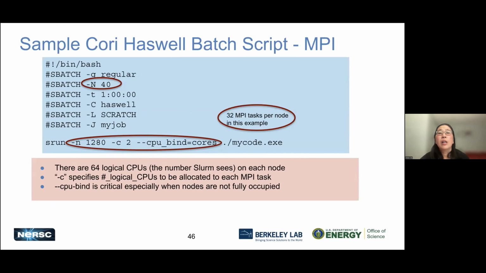So each Haswell node has 64 logical cores. And here, little n is how many MPI tasks for this job. If you're not familiar with MPI and OpenMP, don't worry yet. I think next Tuesday's class will tell you what they are and how to program MPI and OpenMP for parallel jobs.